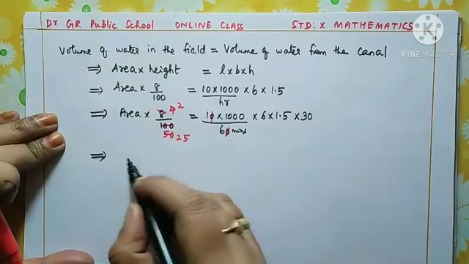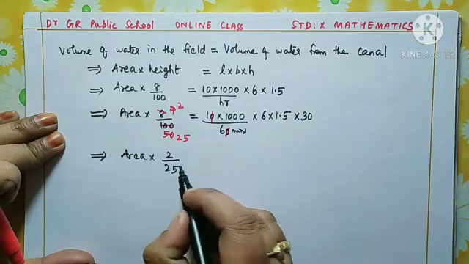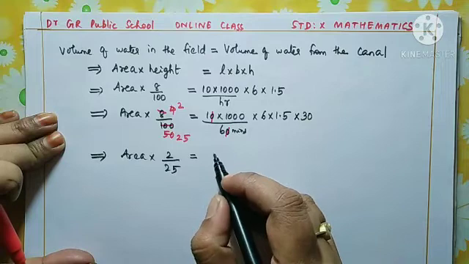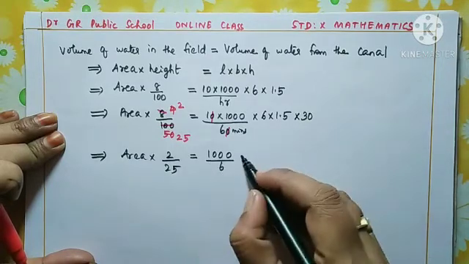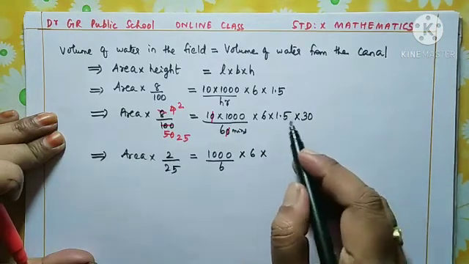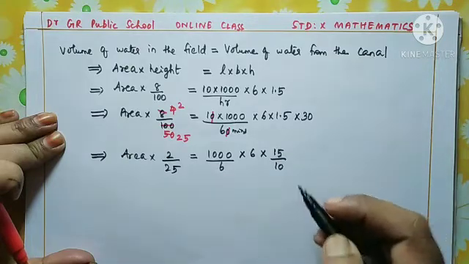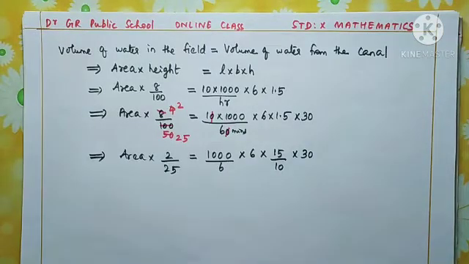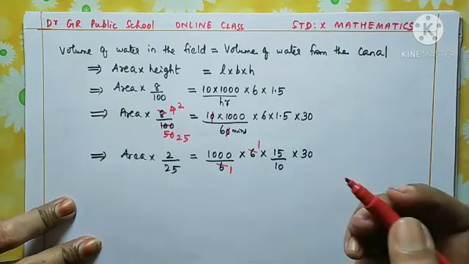This implies area into 2 by 25, the reduced form, equal to 1000 by 6 into 6 into this 1.5. For convenience I am writing 15 by 10, removing the decimal, into 30. Now you just see how we are cancelling. This 6 and 6 can be cancelled one time.